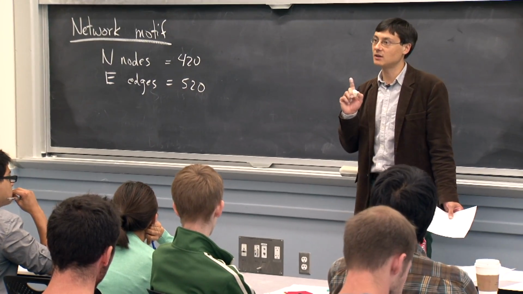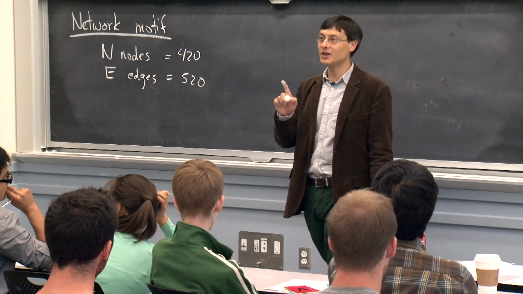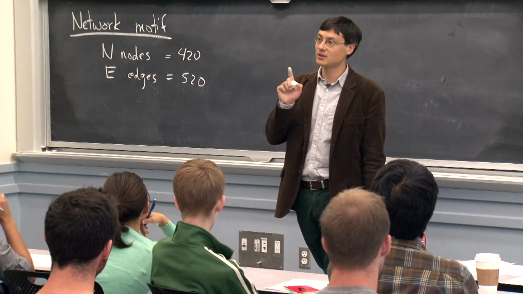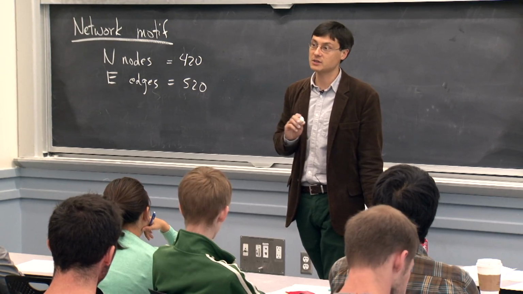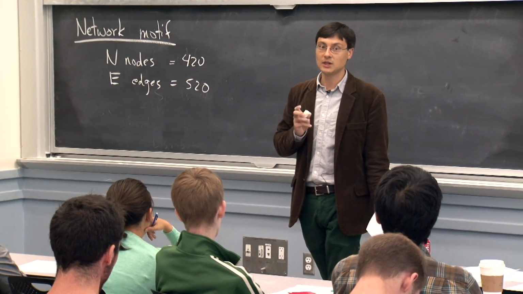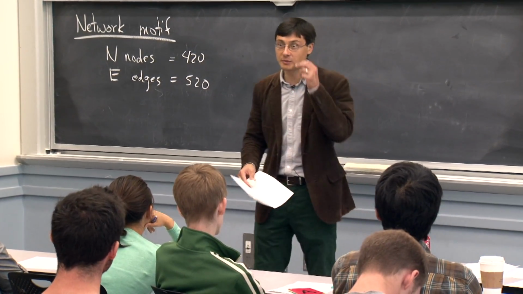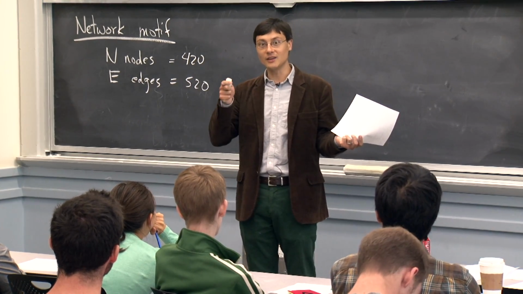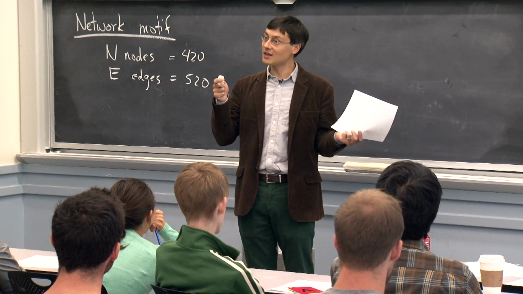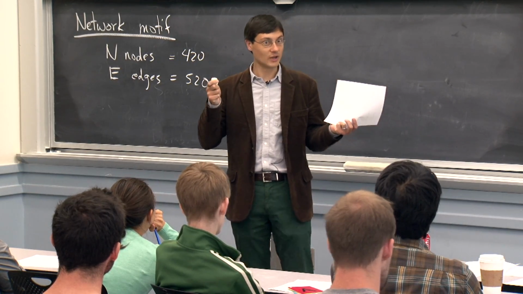Total directed edges. Total number of possible directed edges if we include self edges. It's n squared, right? And you can think about this in multiple ways. One is just that you can start at any of the n nodes, and you can end at any of the n nodes, and that gives you n squared, right?